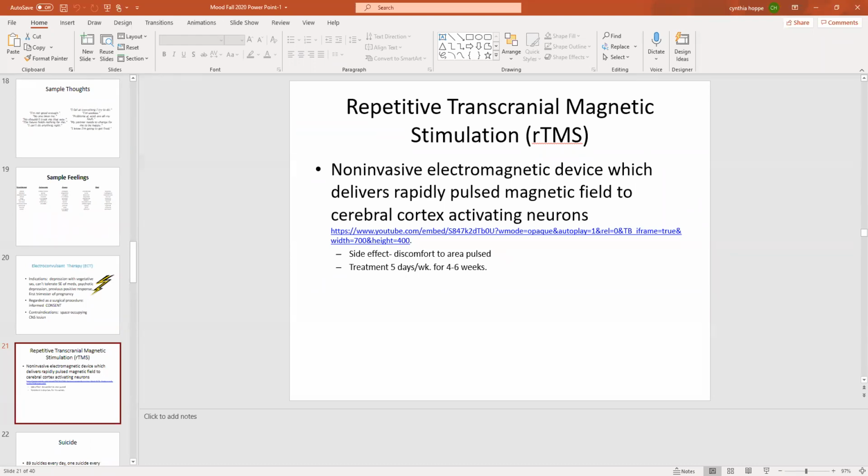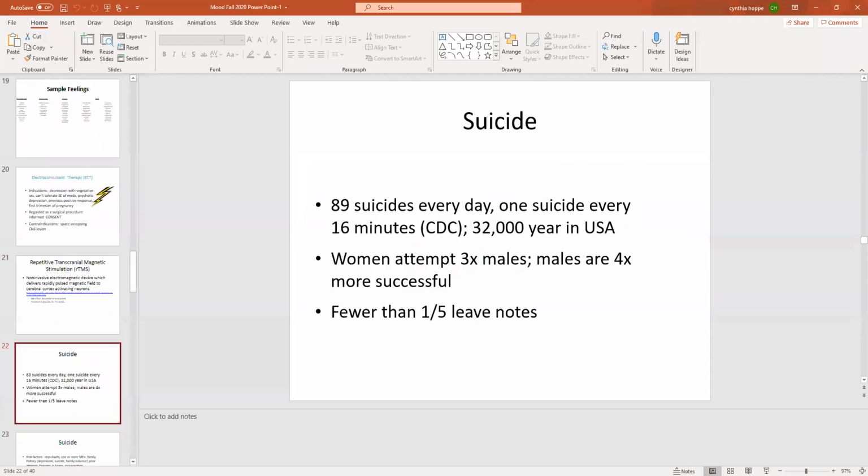You can do this at home. You can buy the equipment. I think it's rather expensive, or you could come in and get it done. Treatment is 5 days a week for 4 to 6 weeks. That's a lot. But they seem to think that these magnets are helping people. And I've heard that in one situation, it is helping an individual.